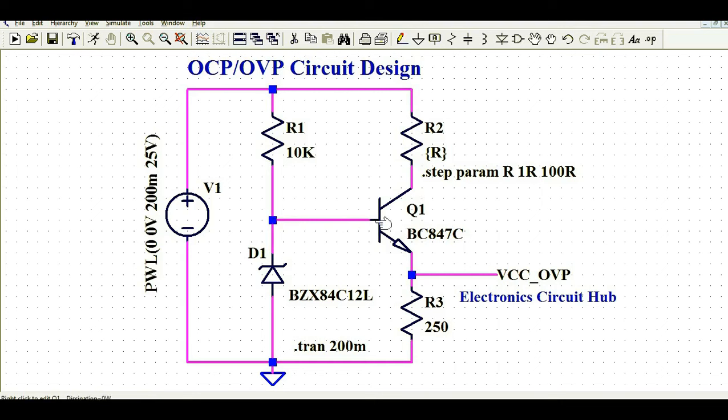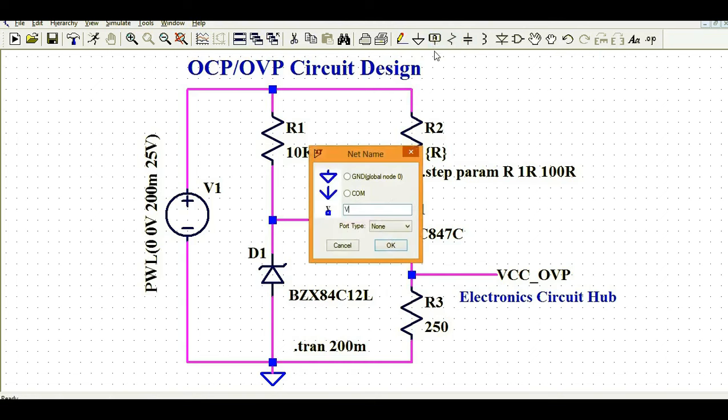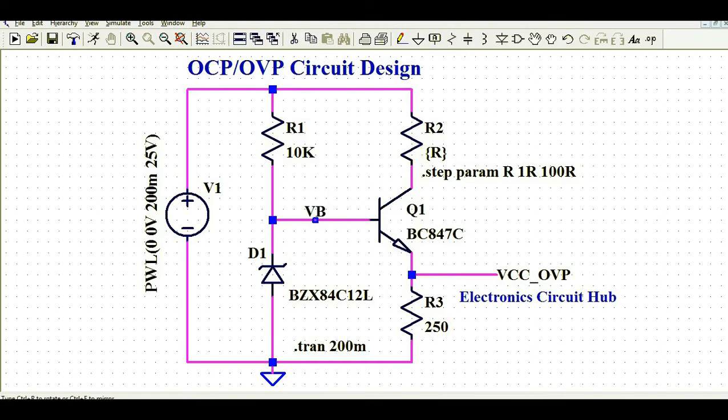And in order to turn on this Q1, since you have connected the R3 resistance, the difference between your base voltage, you can name this VB, and the VCC OVP voltage should be greater than 0.6 or 0.7 volt.